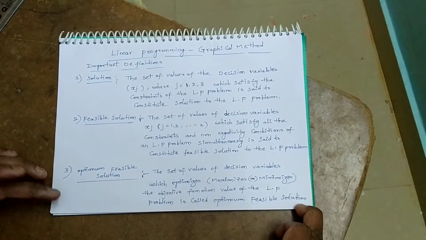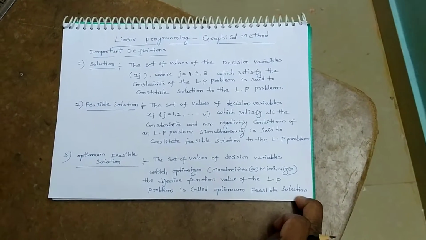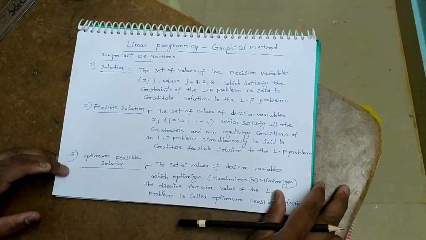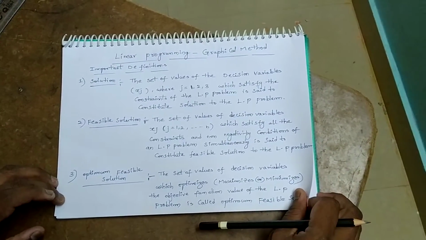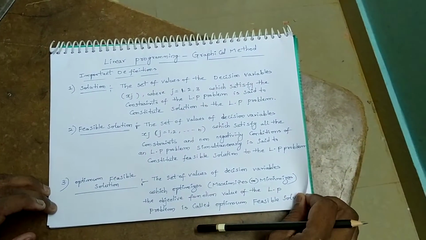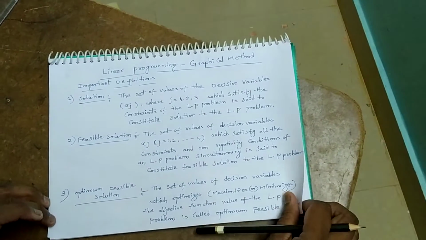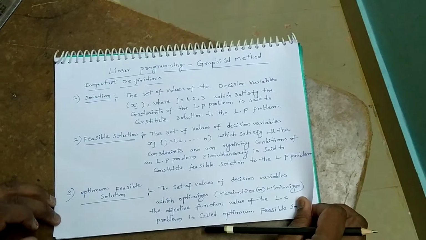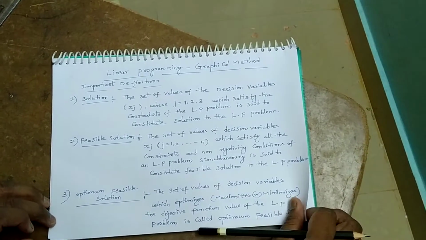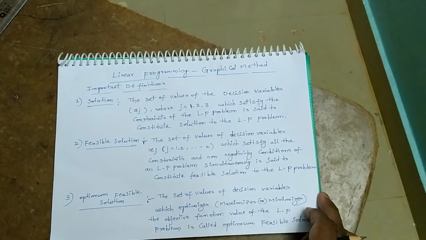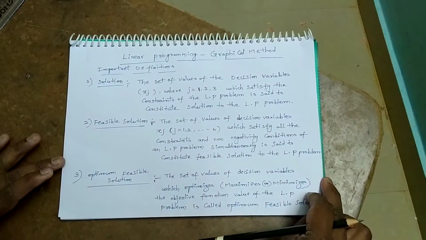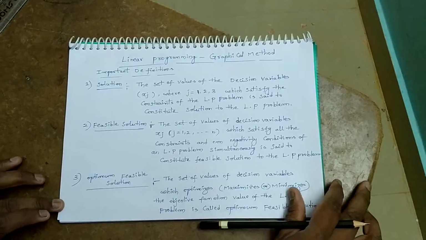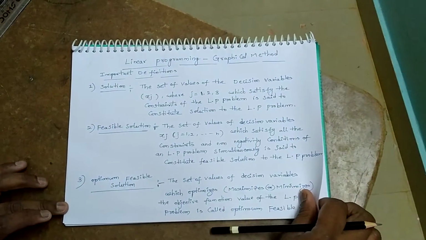It may be a maximization problem or a minimization problem. The value of the decision variables for which the objective function is optimized for a linear programming problem is known as an optimum feasible solution. In this graphical method, we are going to find the optimum feasible solution of the linear programming problem.